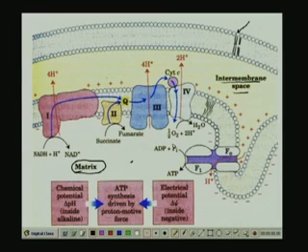Okay. Now, we are going to look at this system in a bit of detail. What we have here is certain complexes. Each of these complexes, you can see, is kind of an integral membrane protein.